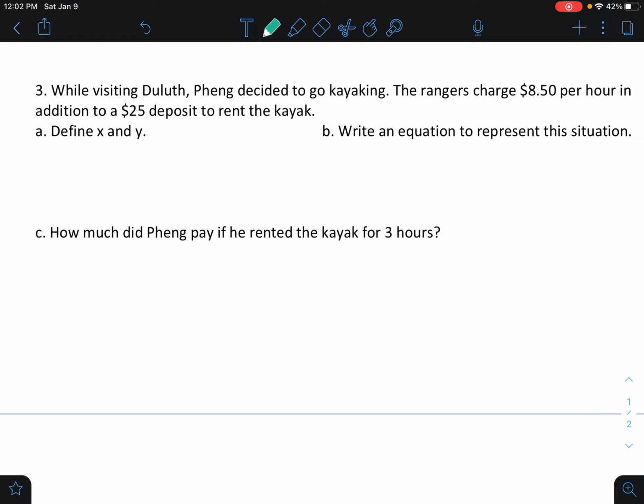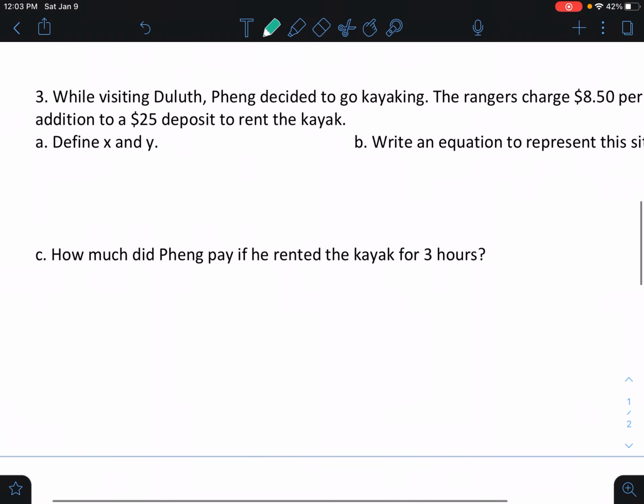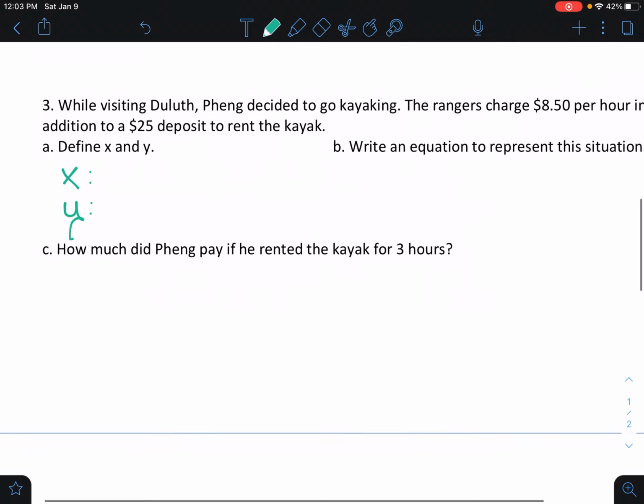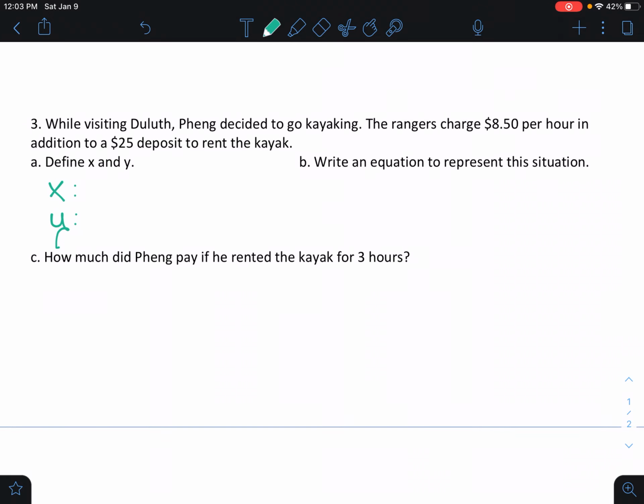Define x and y, write an equation, and then how much did Peng pay if he rented the kayak for 3 hours? Okay, so let's define our x and our y. Remember, I'm looking for the word per. I see it right here. The thing in front of that is m. The thing after that represents my x. So this is number of hours.